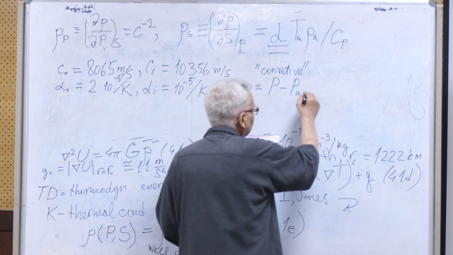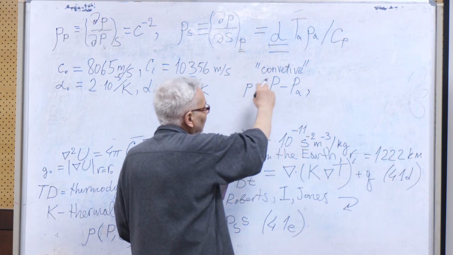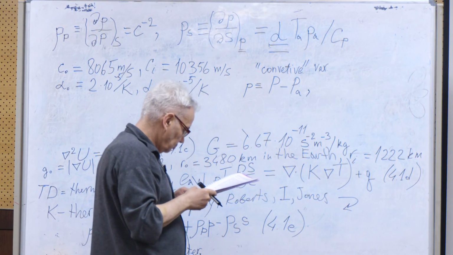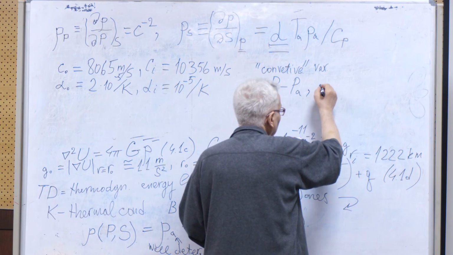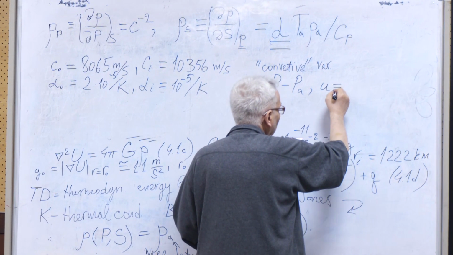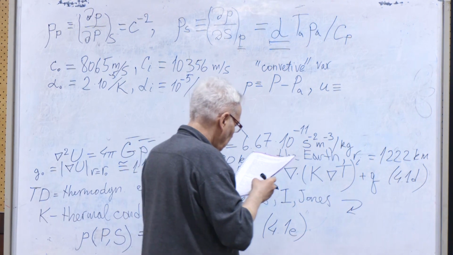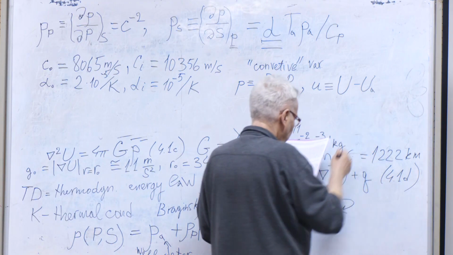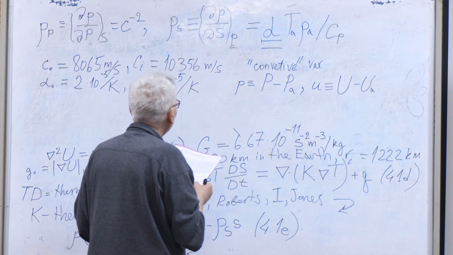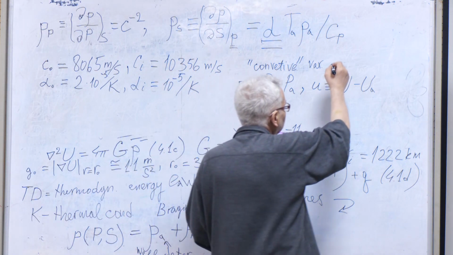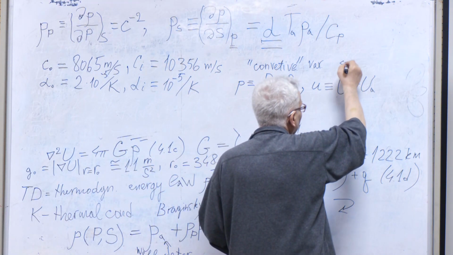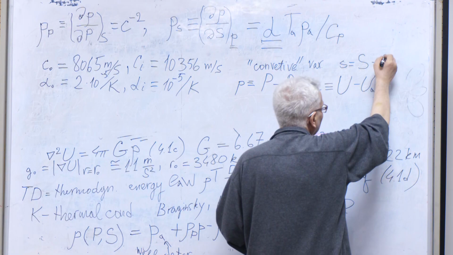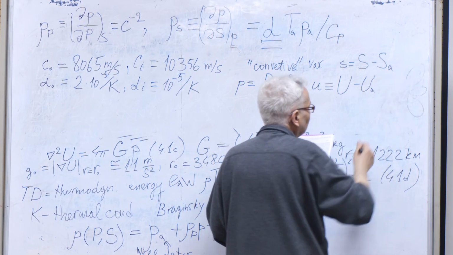Then we define in the same fashion, via the convective variable, the gravitational potential: small u, by definition, is equal to u minus u adiabatic. And for the entropy we play the same game: small s is the difference between the real capital S and the adiabatic S.